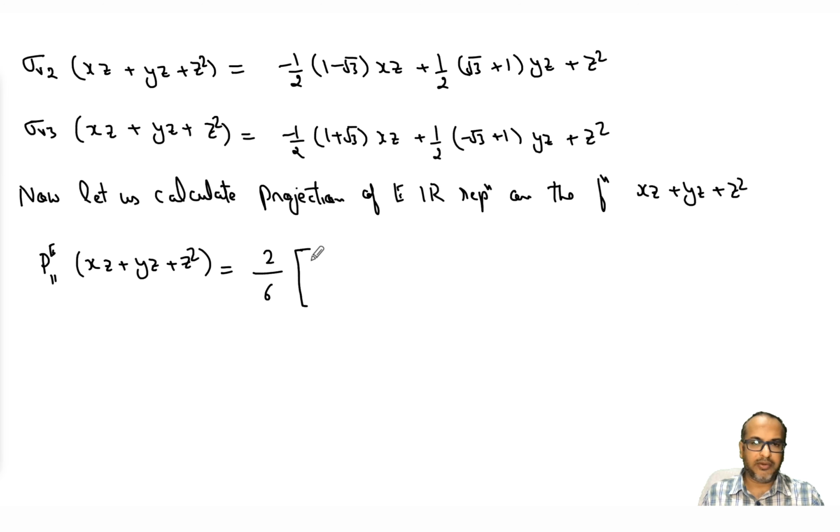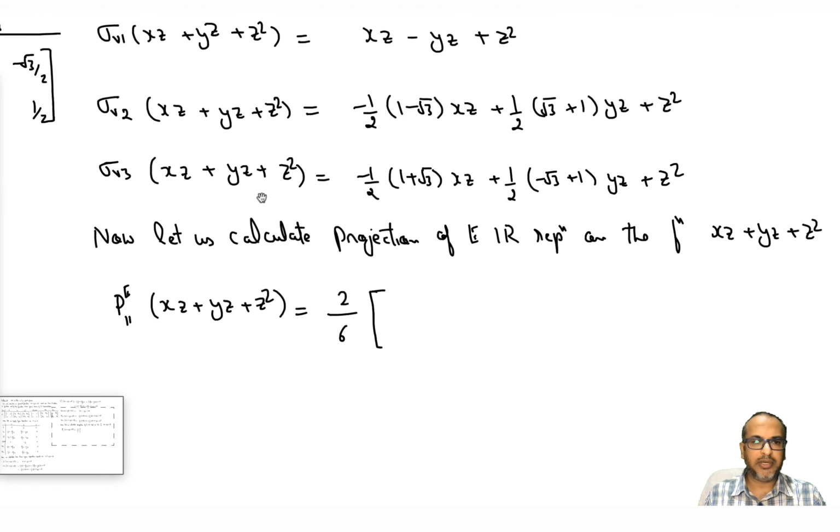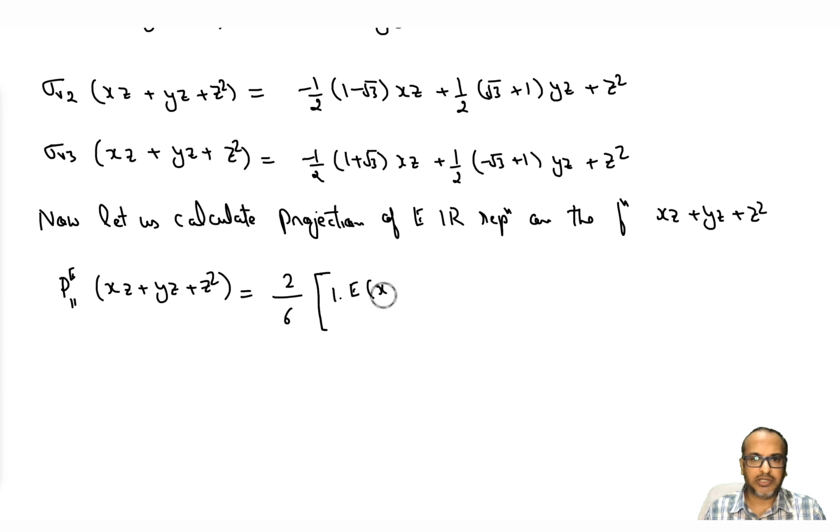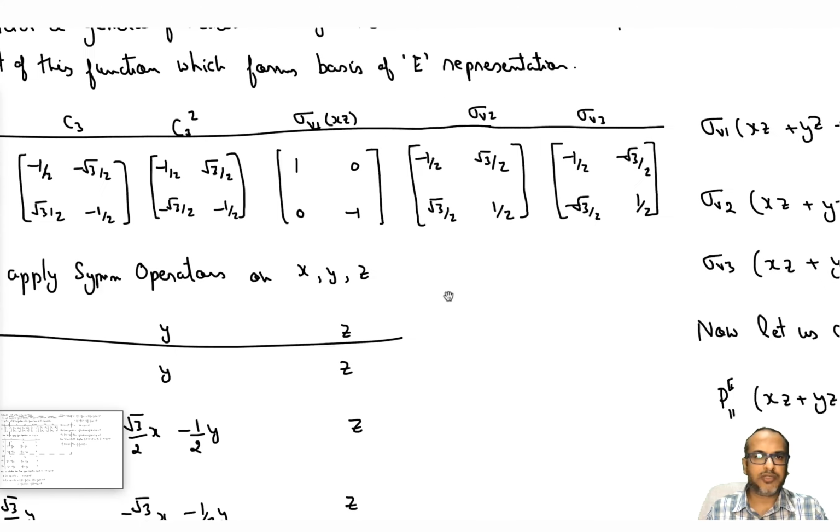Now we have to take, let's go back to the matrix element, this matrix element over here, and multiply it with the effect of E, or sorry, not this E, effect of E onto the given function, and multiply that with this one. Okay, so let's see how to do that. In short, I will write the function. Okay, now next will be the corresponding matrix element of C3.